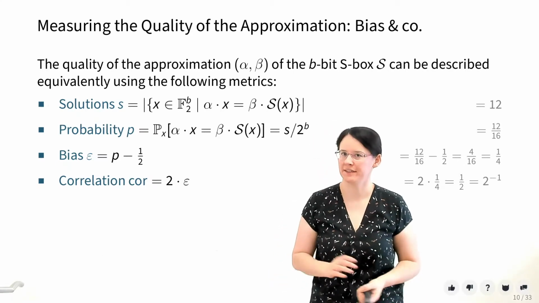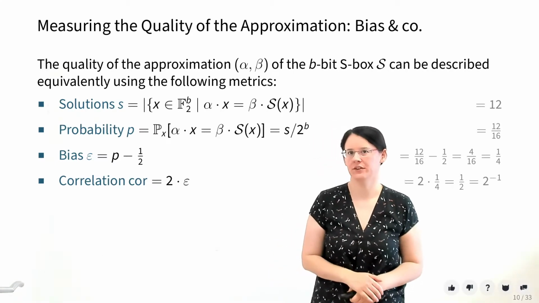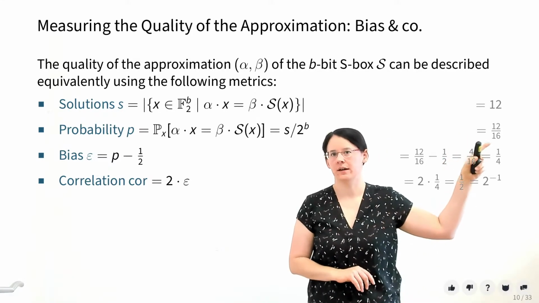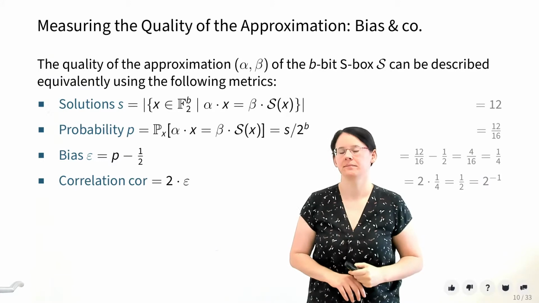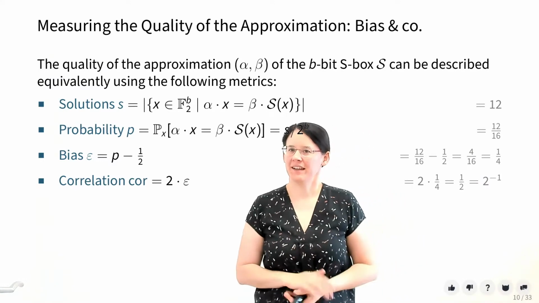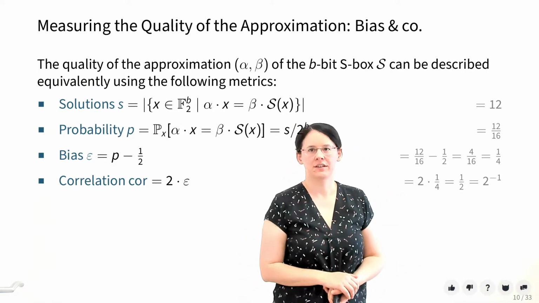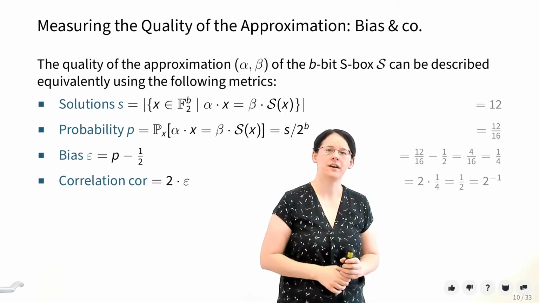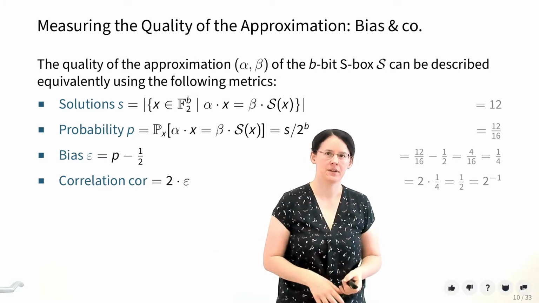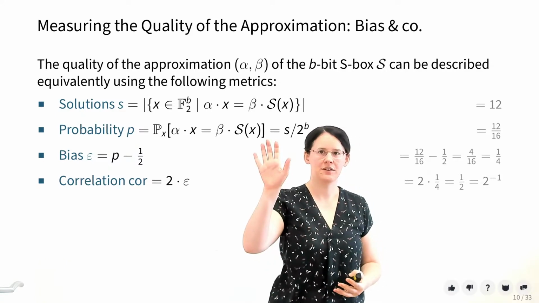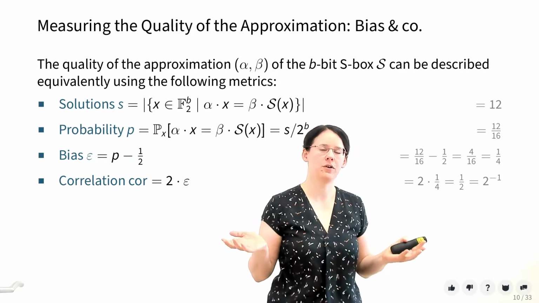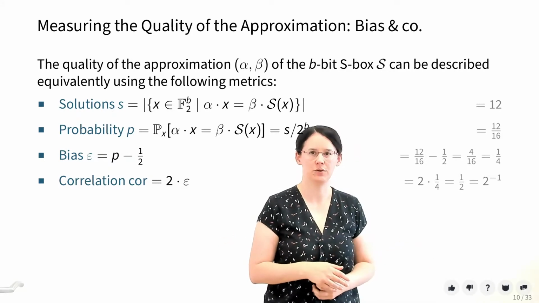We can also translate this into probability. We've done that already. This is simply the number of solutions divided by the number of all possible input values. What we're actually interested in is, however, not how many are correct, but we're going to try and use this as a distinguisher. So we want to distinguish this approximation here from random, from a random approximation that's no good.